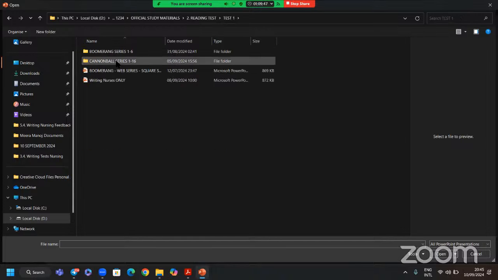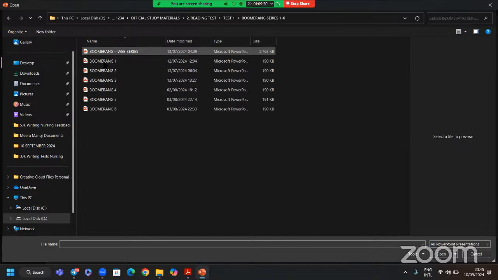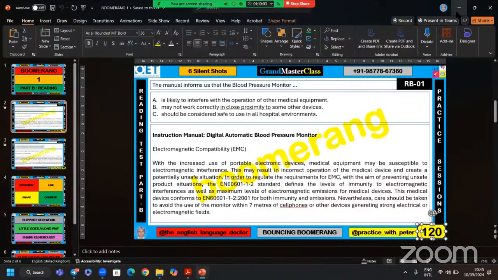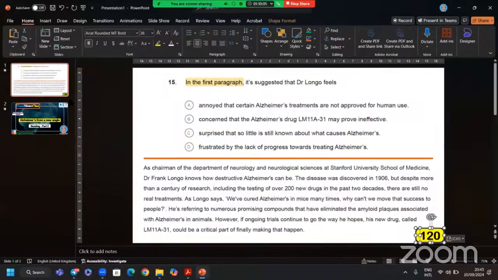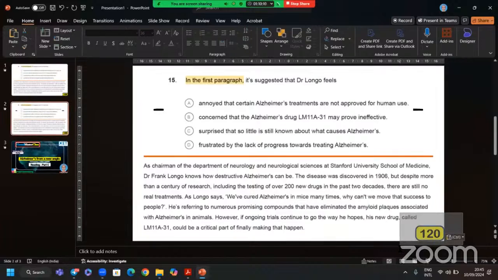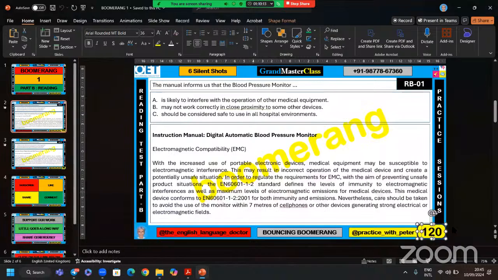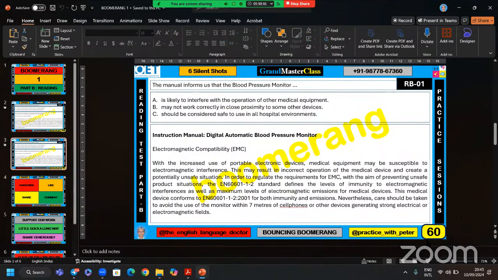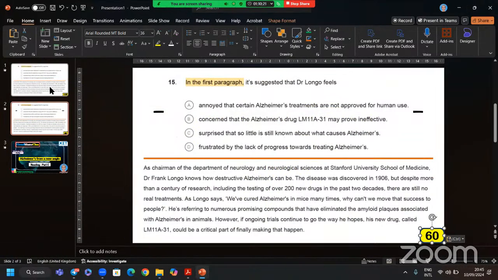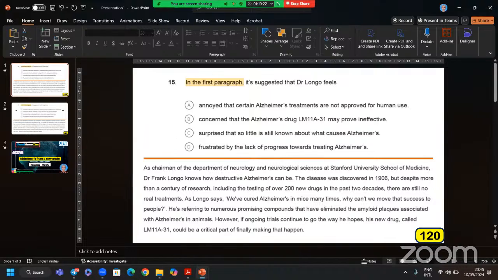Just one. Boomerang. Cannonball. So this is going to be your timing.